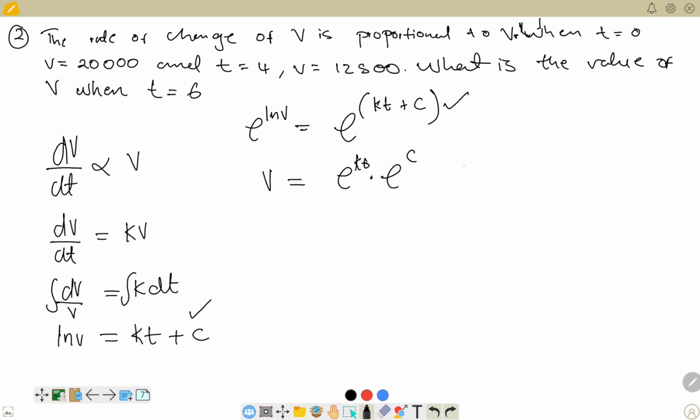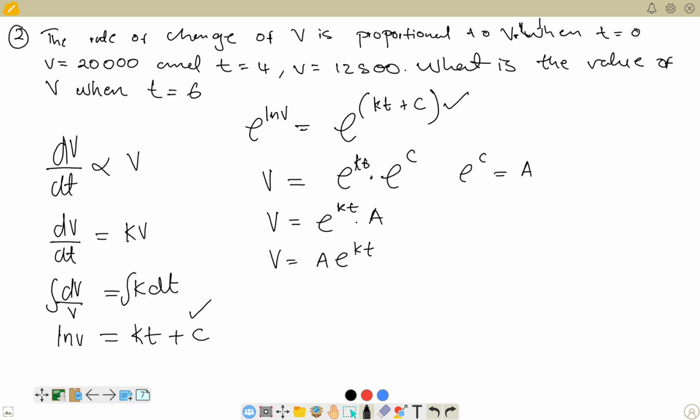So we can say e to the power c is a. Then we'll have v equals a e to the power kt.